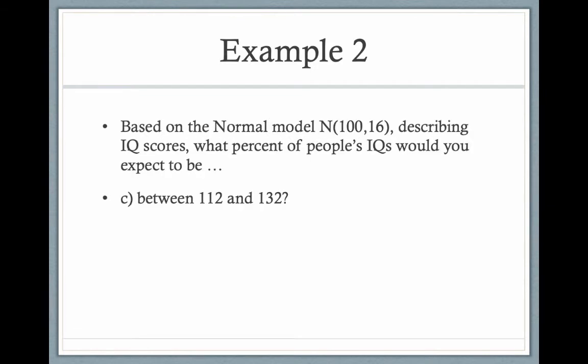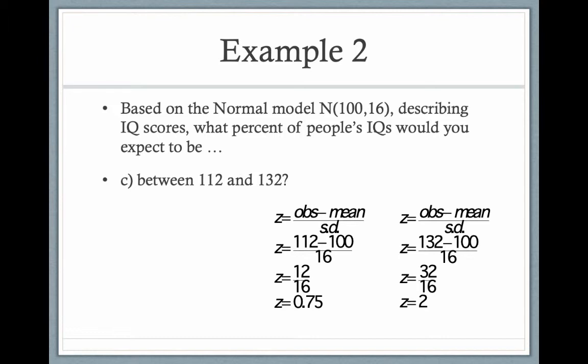Okay, so now let's look, what if we want it between two values, 112 and 132? Well, we're going to figure the corresponding z-scores for both endpoints. So for our lower bound, our 112, we'll do 112 minus 100 over 16, which gives us 12 over 16, which divides out to be 0.75. And then for our upper bound, we are going to calculate our z-score. So 132 minus 100 is 32 over 16, divides out to be 2.